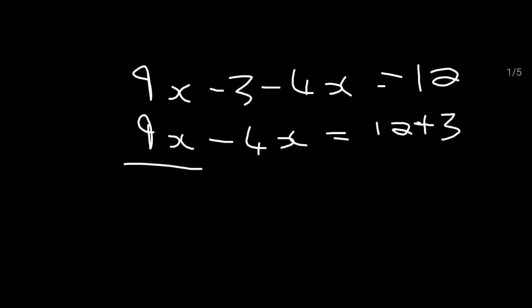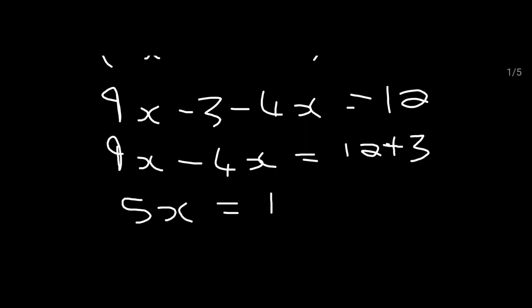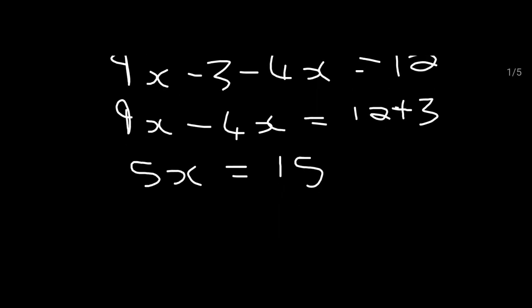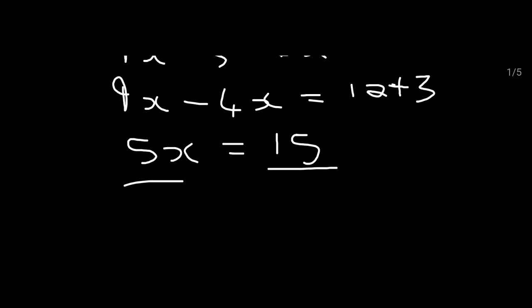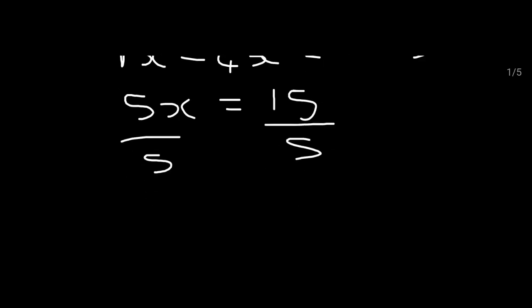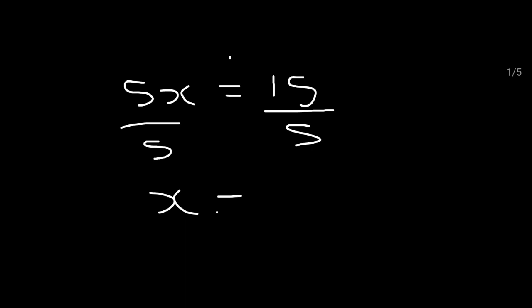Now we get like terms, because we have the same variable and the same exponent, so we subtract the coefficients: 9 minus 4, then you have 5x. This side, 12 plus 3 is equal to 15. So now we just divide both sides by 5, the coefficient of 5. Then they cancel and we have x equal to 3, because 15 divided by 5 is 3, and that is our answer.